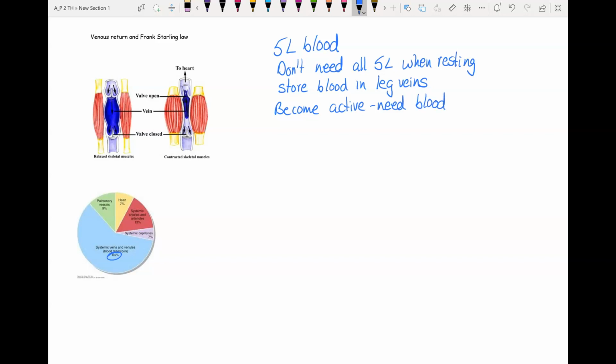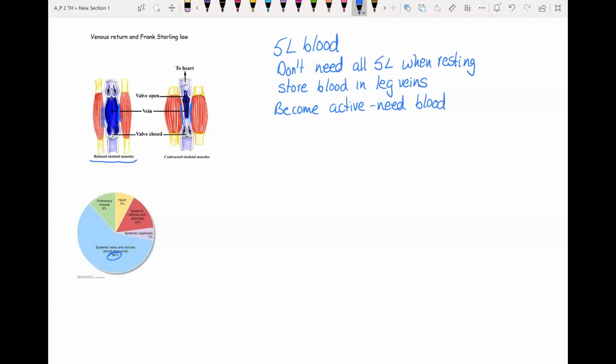So now you've got to get all this blood in these wide veins that's flowing slowly. You got to get it going again. So what you're going to do when you go from resting to active is your muscles squeeze those veins. So you can see here's relaxed, and see how the vein is wide and the muscles aren't pushing on it. Then when you become active, the muscles squeeze that vein.